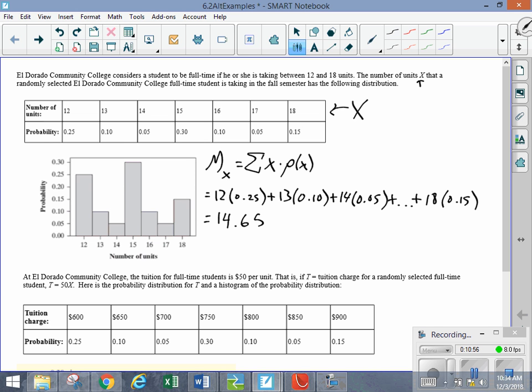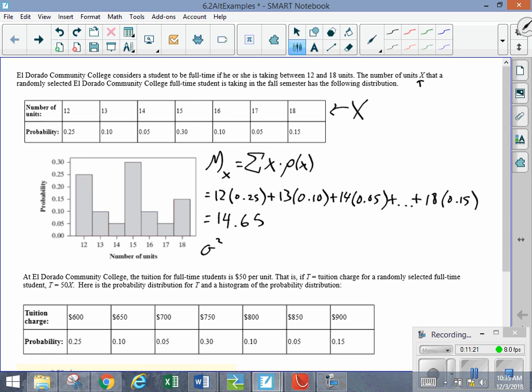And by the way, using this notation, saying plus, dot, dot, dot, plus, is fully acceptable on the AP exam. Fully acceptable. But how far can you go? Can you start right away, or do you have to do 12, 13, and 14? I think you have to do at least 2 in the beginning.